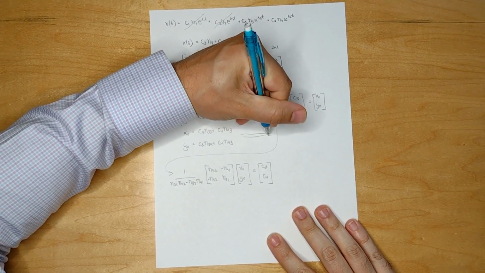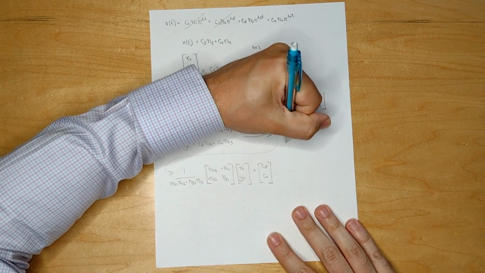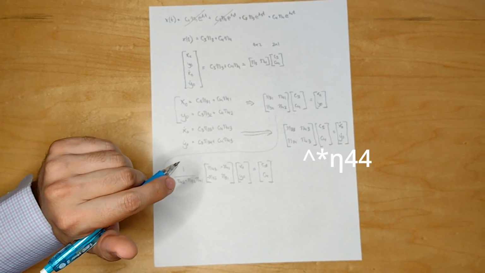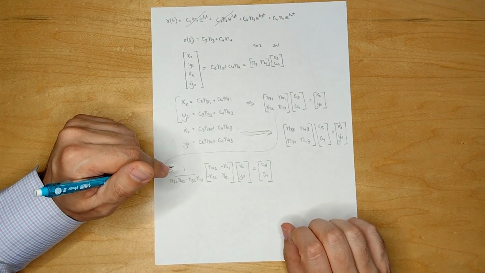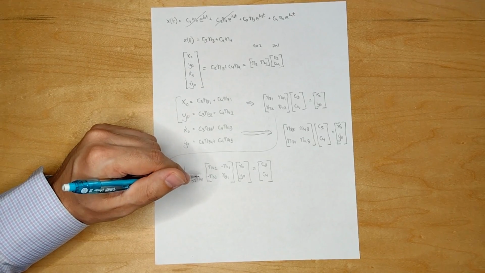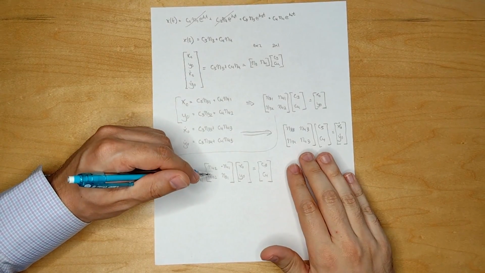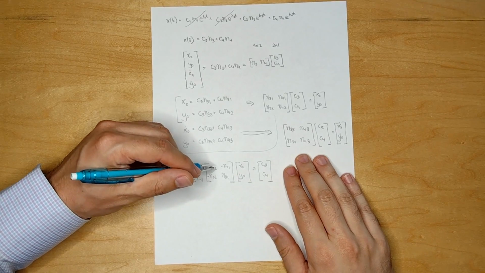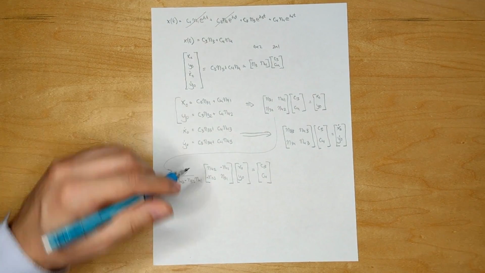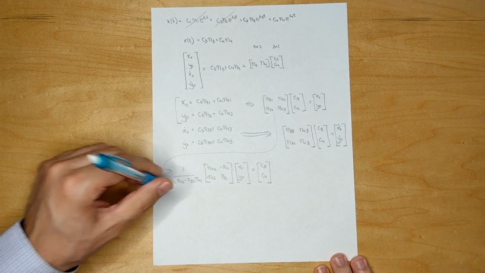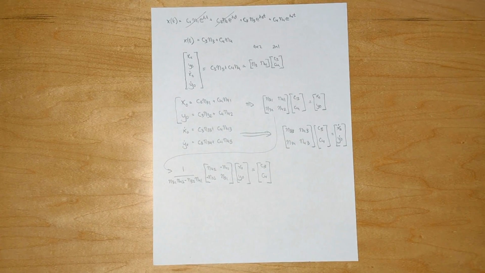From here, I'm going to take an aside and we're actually going to find the eigenvectors, because some of these eigenvectors are going to simplify and make our math a lot easier if we find the eigenvectors first. So let's go ahead and do that, and we're basically just going to put a pin in this and come back to it once we've found the eigenvectors.